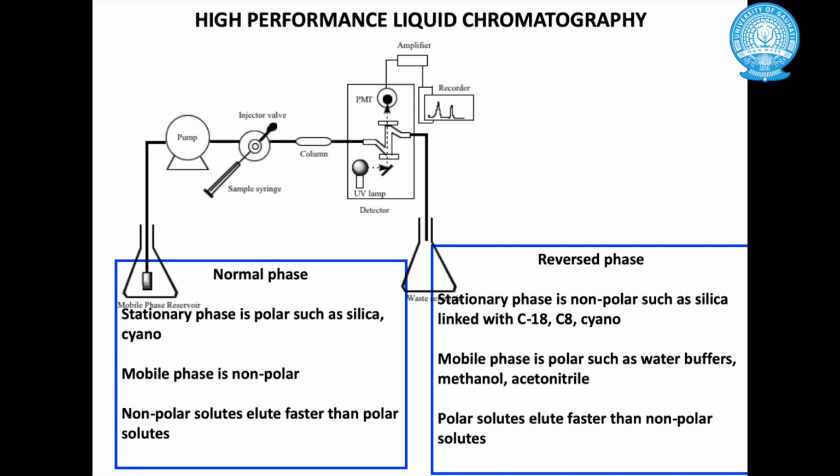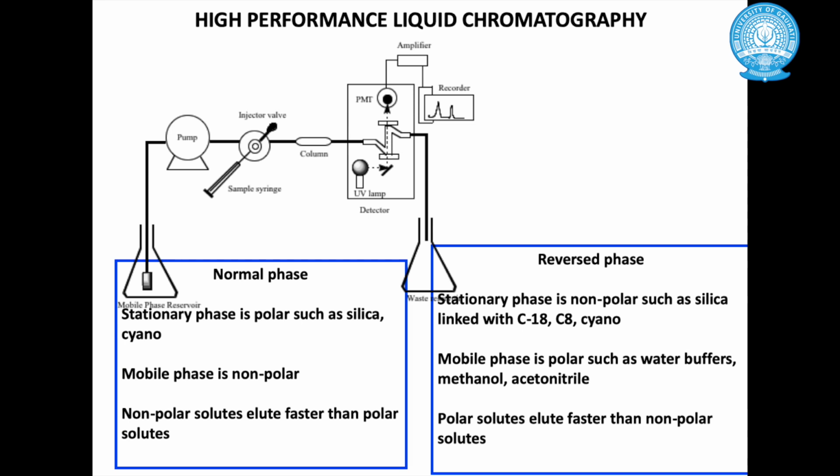Liquid chromatography columns have a very small internal diameter, for example 4.6 mm, and this 4.6 mm is full of matrix, and because of that it generates a lot of back pressure.